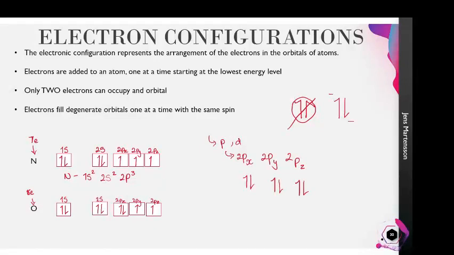So we'll say that O has an electron configuration of 1s2, 2s2, 2p4.